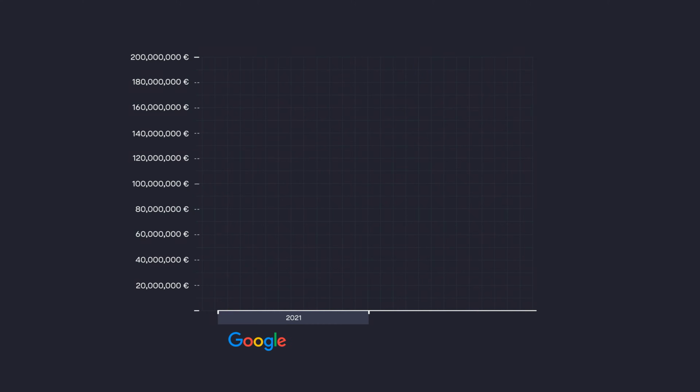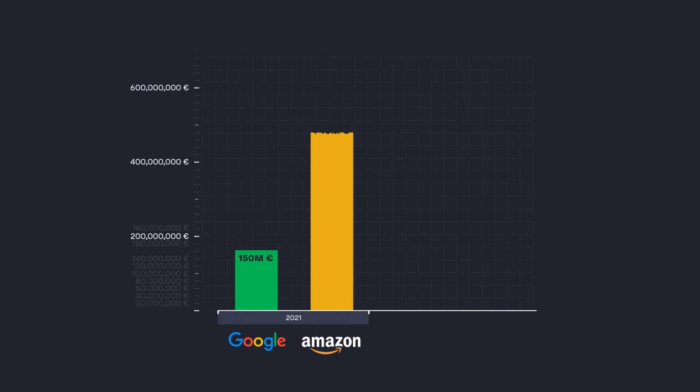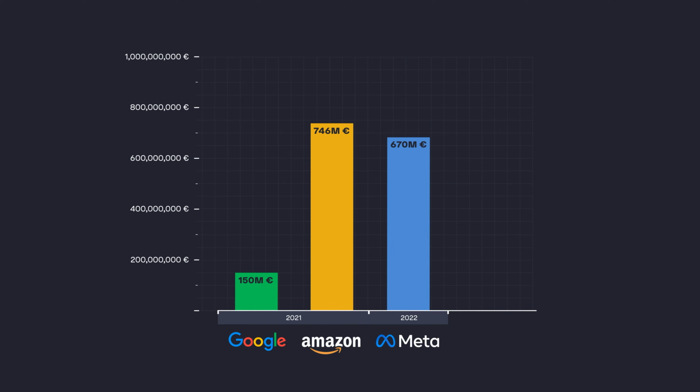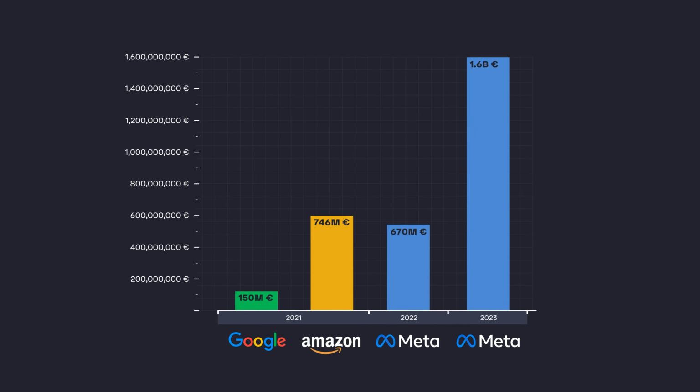By the way, the fines are real if you break GDPR laws. In 2021, Google was fined 150 million euros and Amazon was fined 746 million euros. In 2022, Meta was fined 670 million euros, and in 2023, I guess they didn't learn their lesson because they were fined again, this time for 1.6 billion euros.